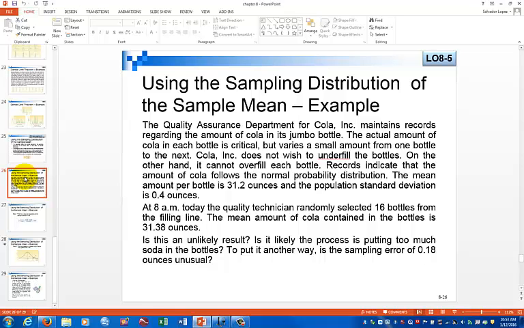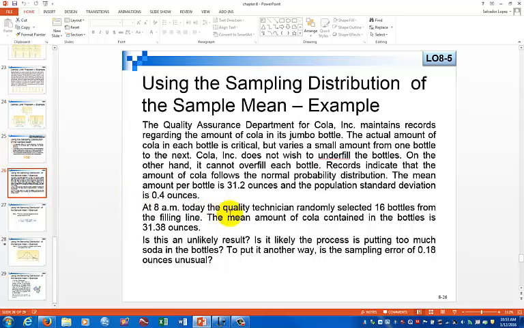So we already know that we have a normal distribution in the population, so the sampling distribution of X bar will also follow a normal distribution. The mean amount per bottle is 31.2 ounces, so that is the mu, and the population standard deviation is 0.4, which would be sigma.